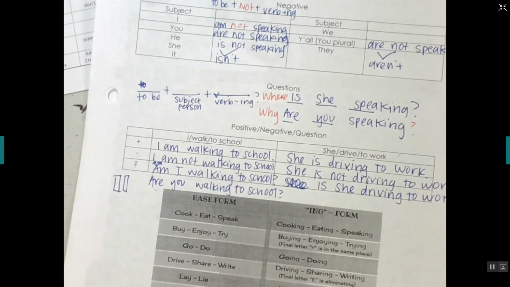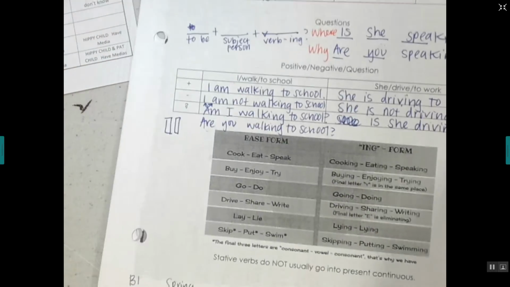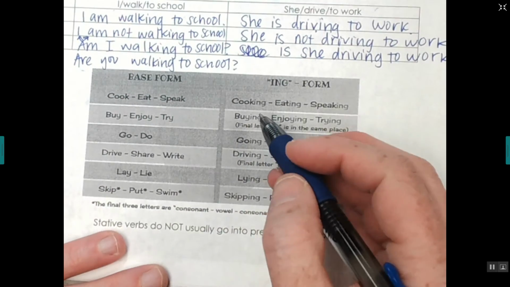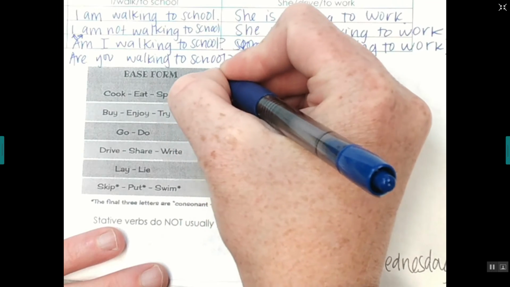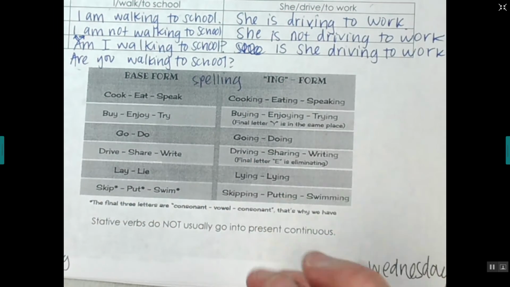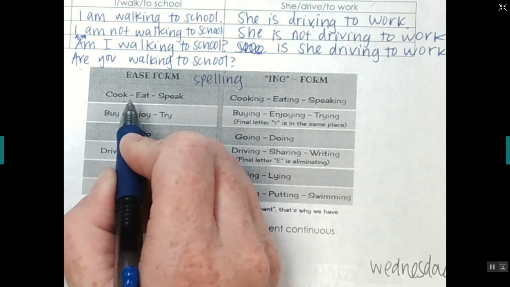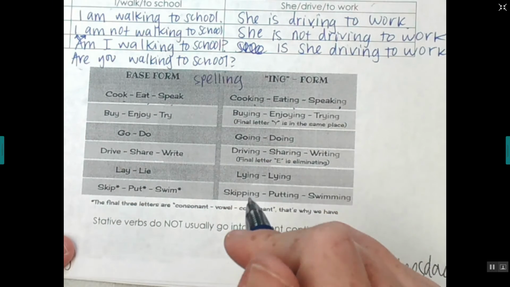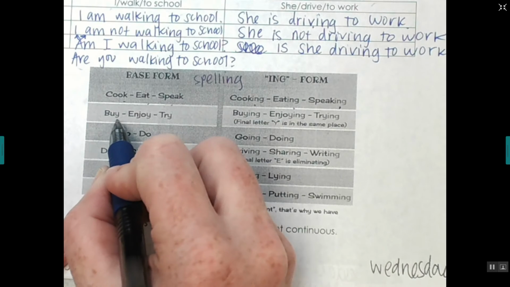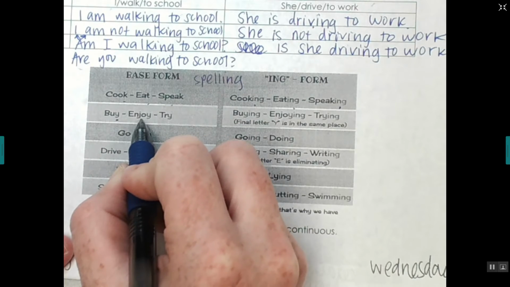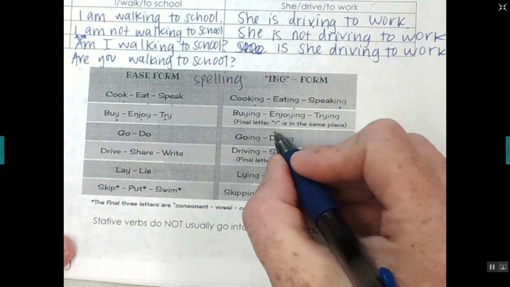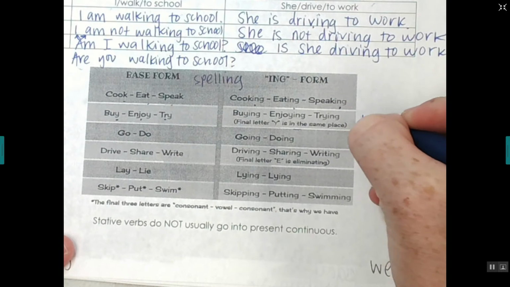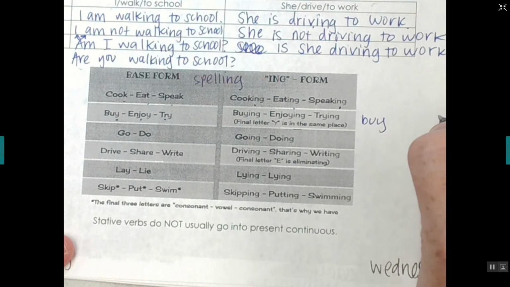Okay, so in this box down at the bottom of your Wednesday notes, this is talking about spelling, like how to write the words. Okay, so for most verbs, cook, eat, speak, you're just gonna add the ing, eating, speaking. Okay, for verbs that end in y, buy, enjoy, try, the final letter y stays in the same place. But when you say the word buying, you almost do like a double y sound.